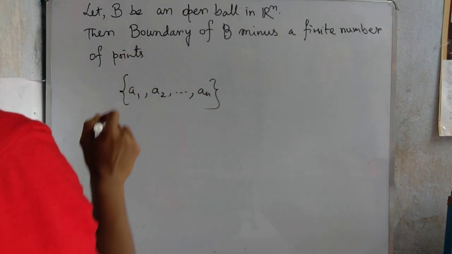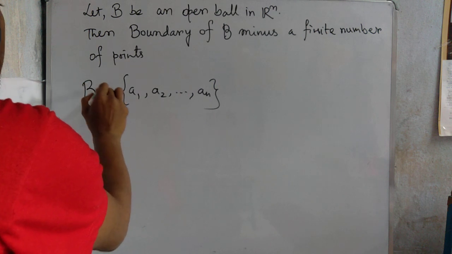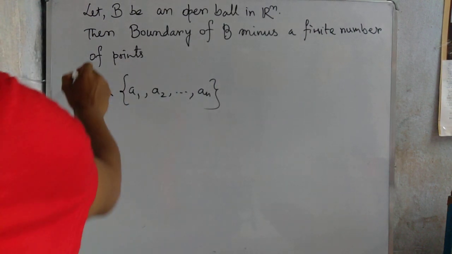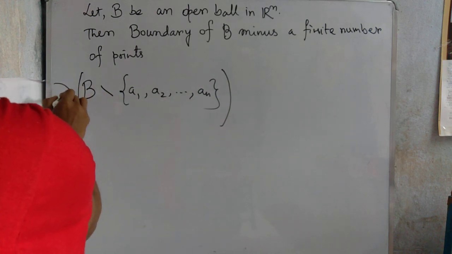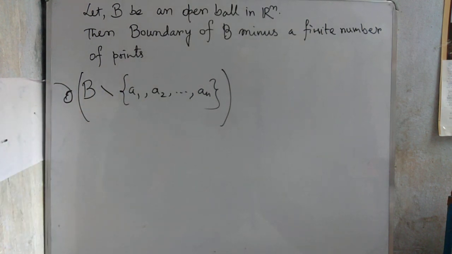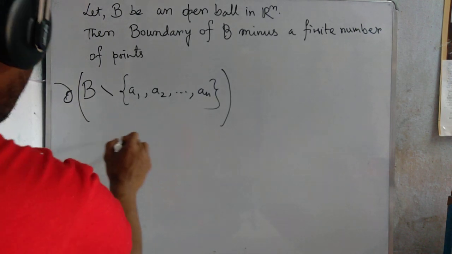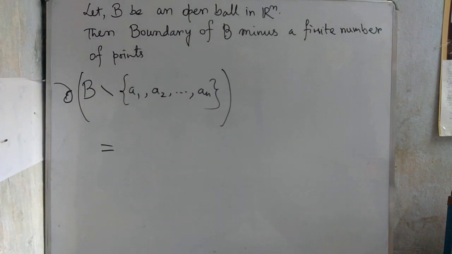Now B is an open ball, then B difference this set. First we talk about one open ball B(x, r); then del B(x, r), that means the sphere, is the boundary of this.